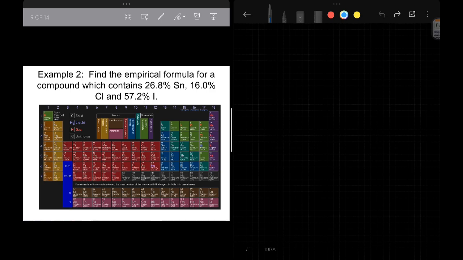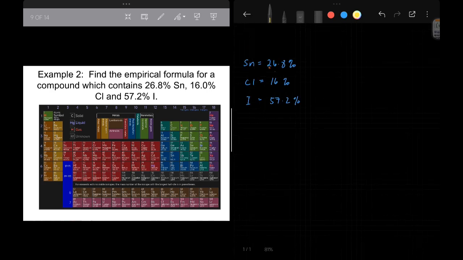So we have here tin, chlorine, and iodine. For tin, we got 26.8%. For chlorine, we got 16%. And then for iodine, we got 57.2%.